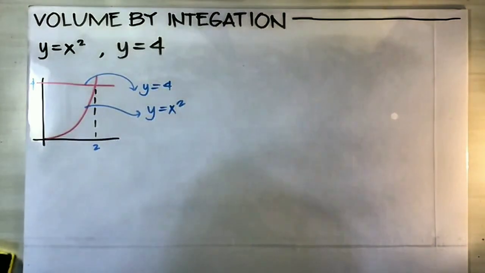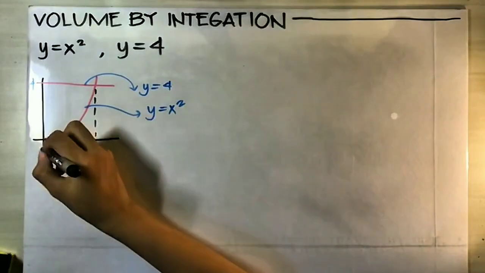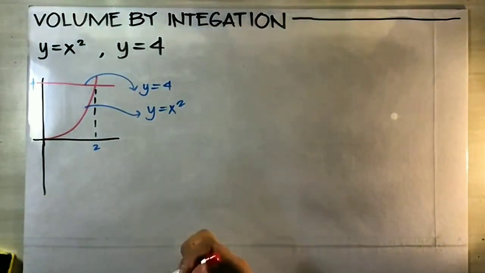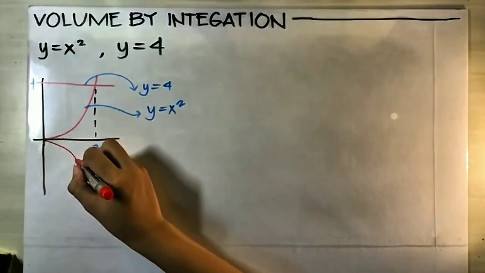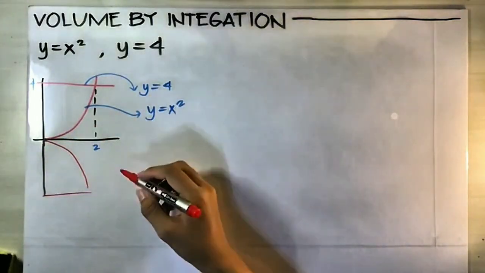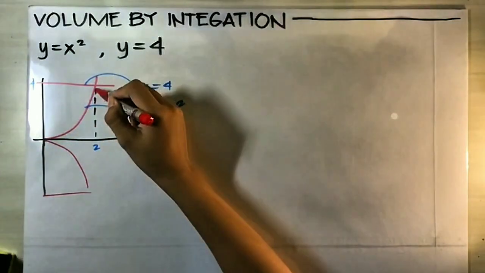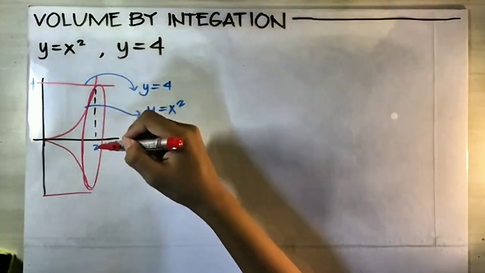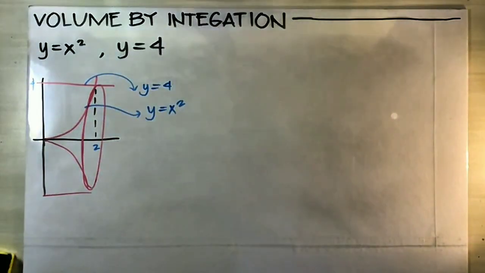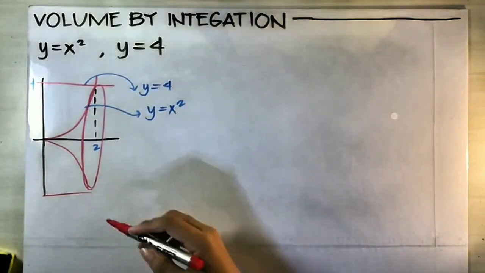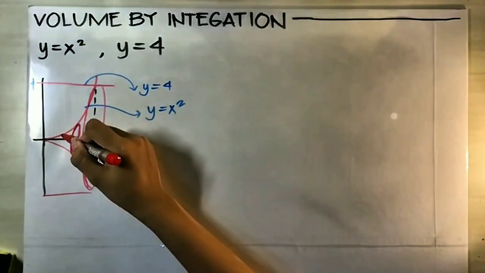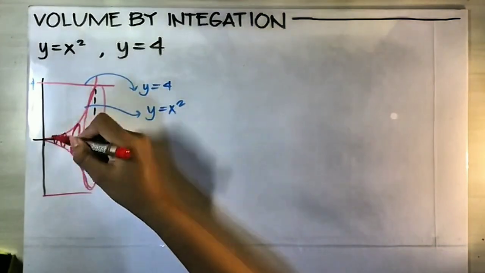So now let's revolve this plane. If we mirror that, we will revolve it. So let's say we will revolve it around the x-axis. So here we will revolve it.